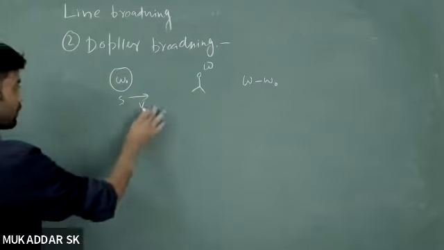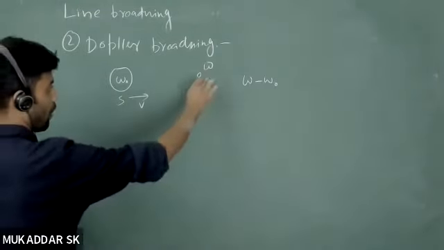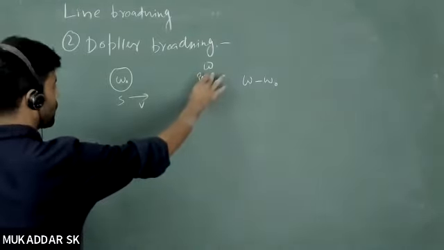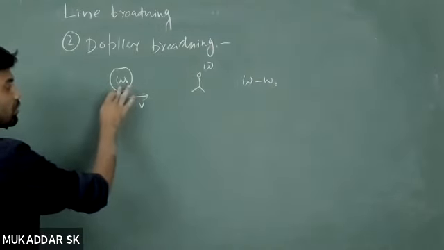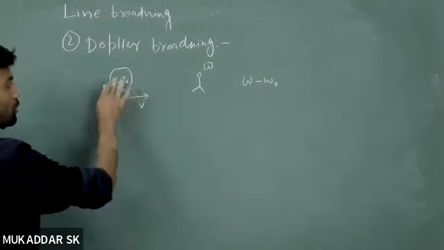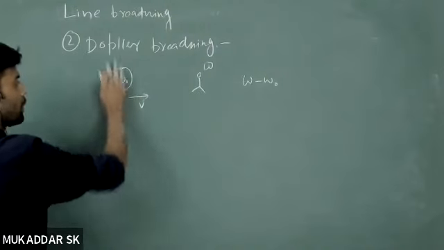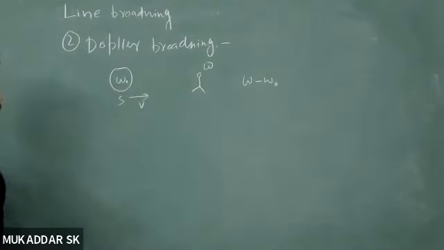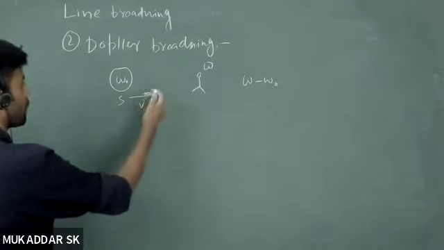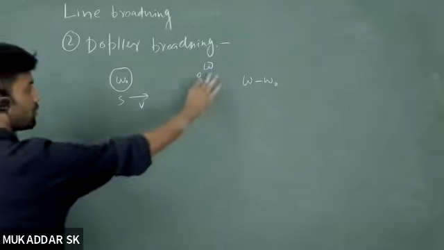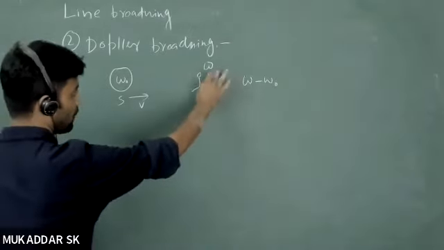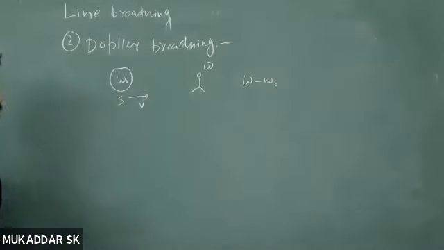If it is moving with speed v, the observer will observe a different frequency as compared to its original frequency. Of course, it will observe the same frequency when it moves perpendicular to the observer. But if it is approaching, moving away, or moving at some angle, it will observe some different frequency, which I have assumed to be omega.